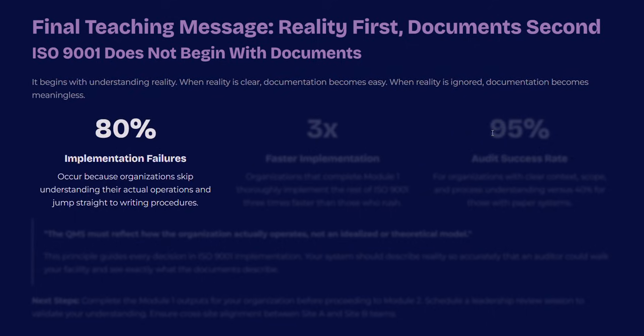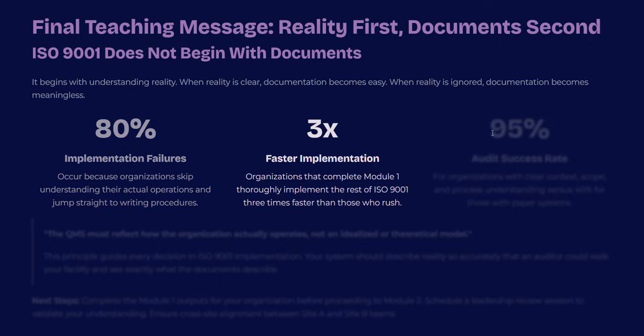We have 80% implementation failure occur because organizations skip understanding their actual operations and jump straight to writing procedures. But we have 3 times faster implementation for organizations that complete Model 1 understanding thoroughly.